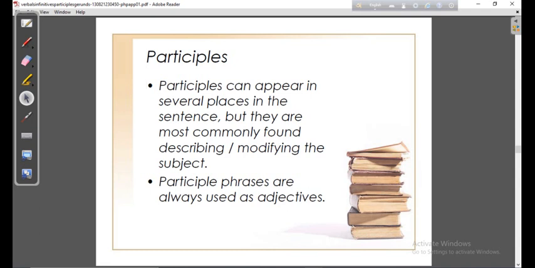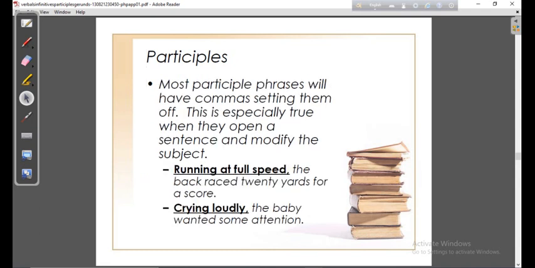Next, most participle phrases will have commas setting them off. This is especially true when they open a sentence and modify the subject. So if participles open the sentence, they are separated using a comma. Suppose: Running at the full speed, the back raced 20 yards for a score.